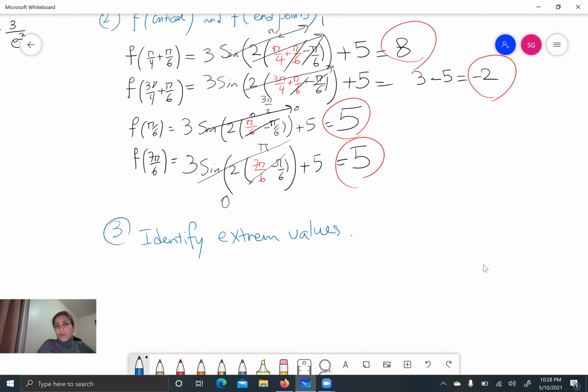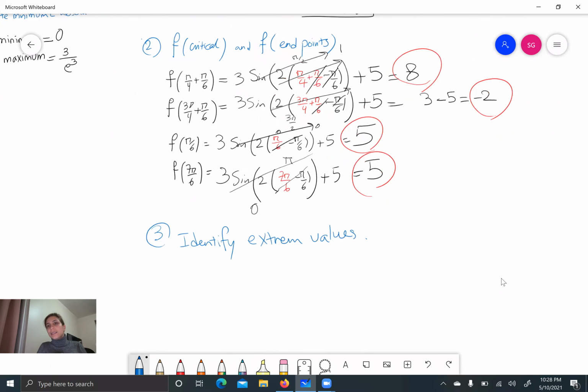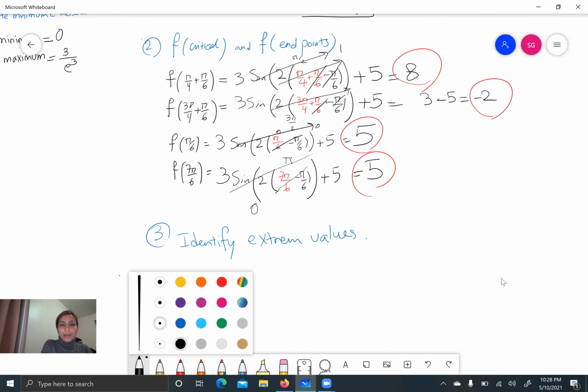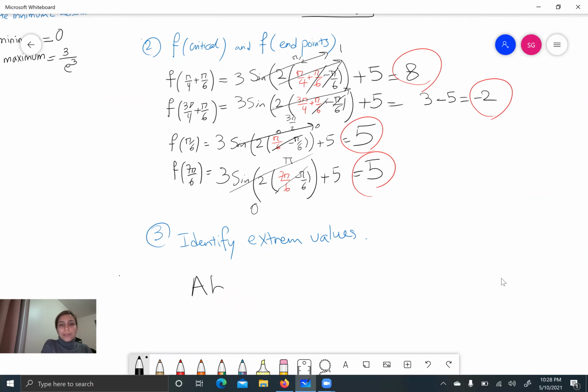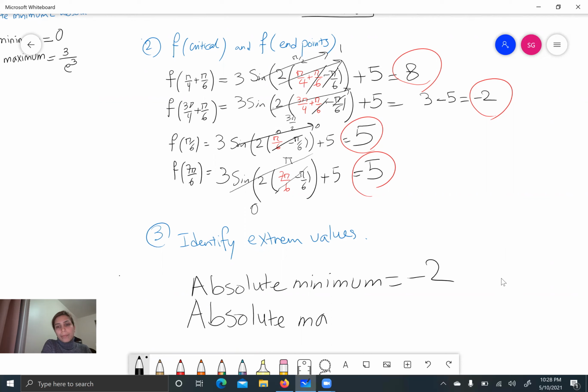So between these four values, the smallest is -2, the largest is 8. So that's the final conclusion. What is the absolute minimum? Absolute minimum is -2. What is the absolute maximum? It's 8.